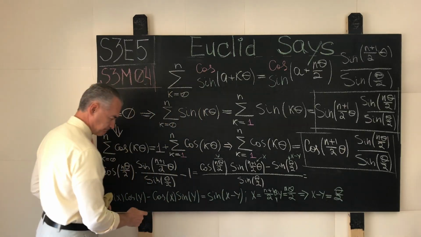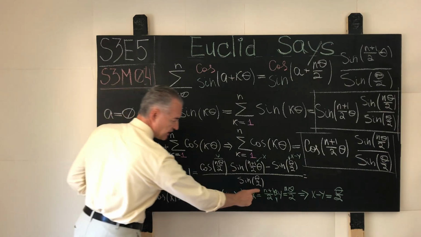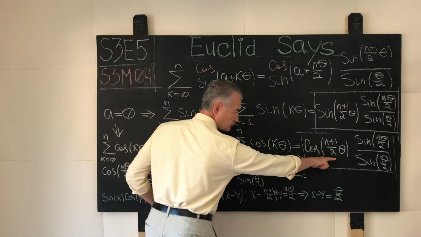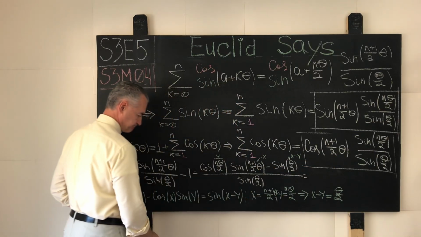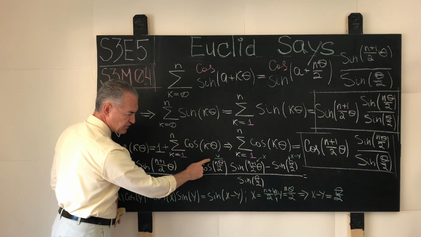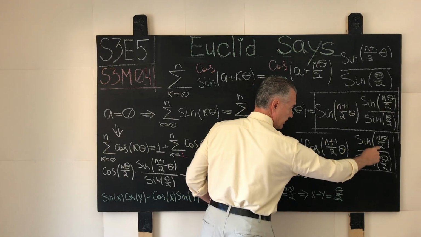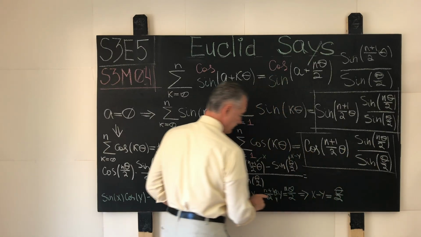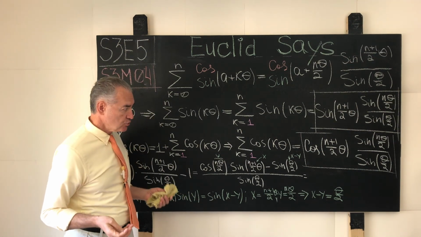And what do we have for this expression? Cosine of x, which is cosine of n plus 1 over 2 theta, times sine of y, where y is n theta over 2, divided by the denominator, and the game is over. Essentially, that is all there is to it.